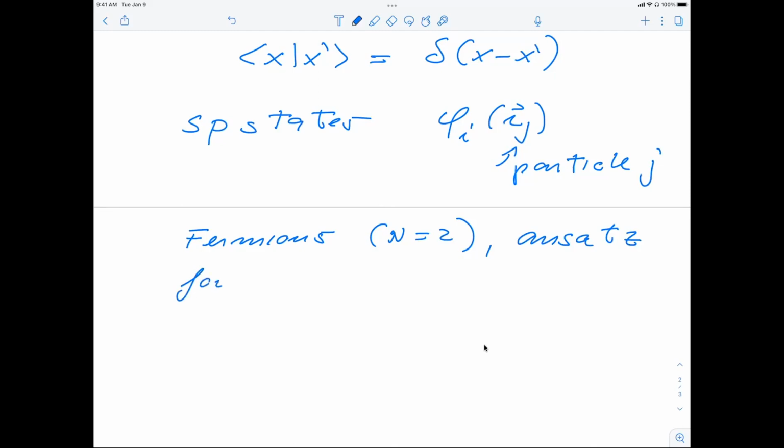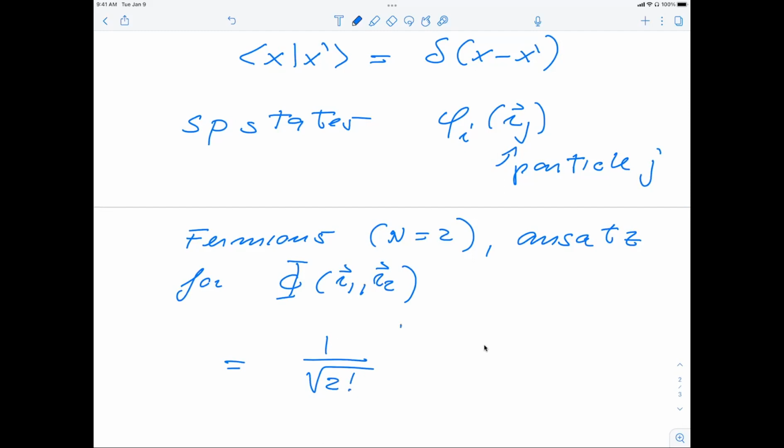So I'm going to call this phi, and this is going now to depend on the positions of particles, since we have two particles, particle 1 and particle 2. And in order to normalize it properly, we need to have 2 factorial, which is actually 2 here.